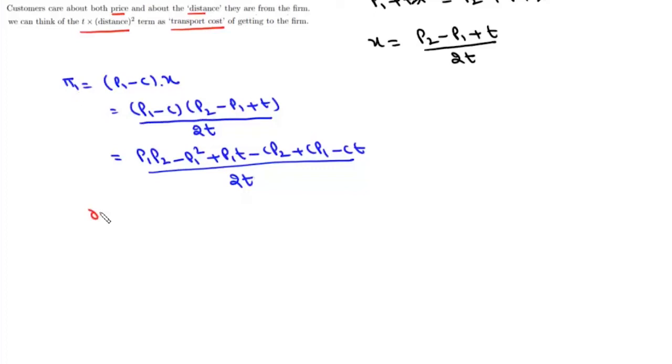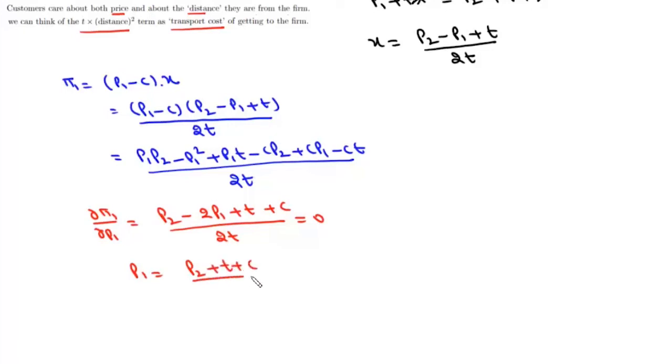We differentiate pi1 with respect to its price P1, which gives (P2 minus 2P1 plus T plus C) upon 2T equals 0. From here, P1 will be (P2 plus T plus C) divided by 2. This is the best response of firm 1 to the price P2 set by firm 2.